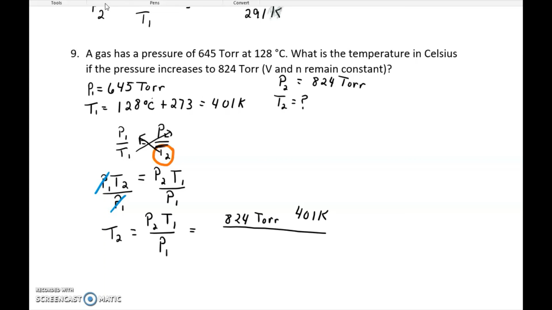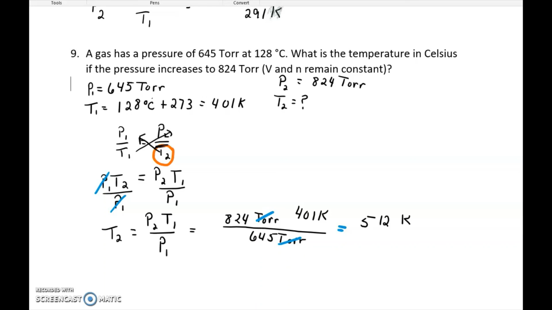Always change that to Kelvin. That's a common mistake. And we're going to divide by the 645 torr. And we'll see that we have a torr on the top and a torr on the bottom, so we get rid of those. We'll do our math and we'll end up with 512 Kelvin.